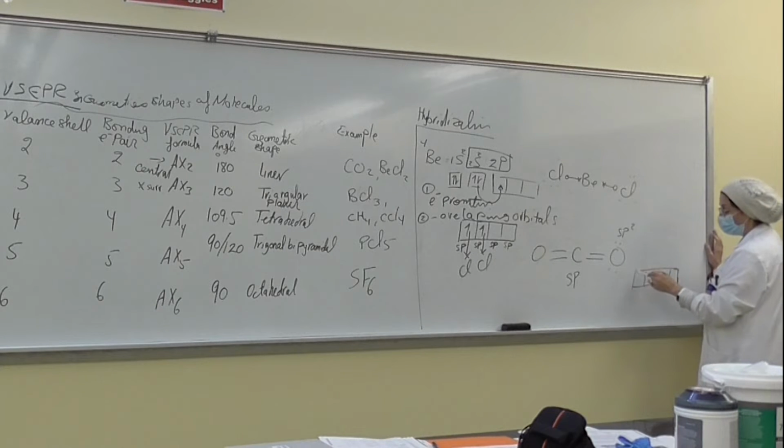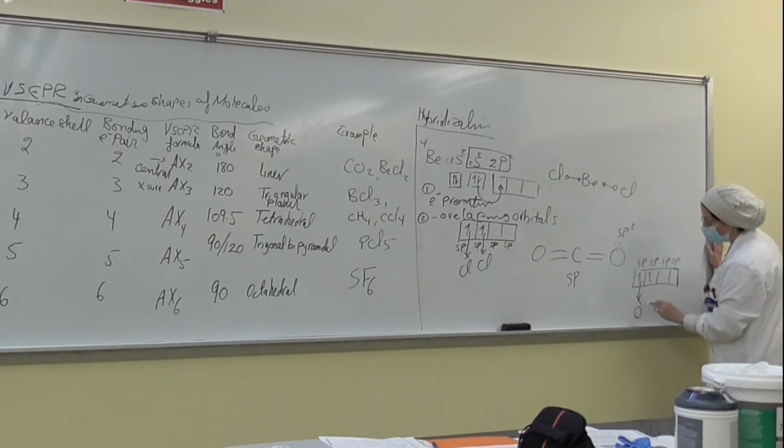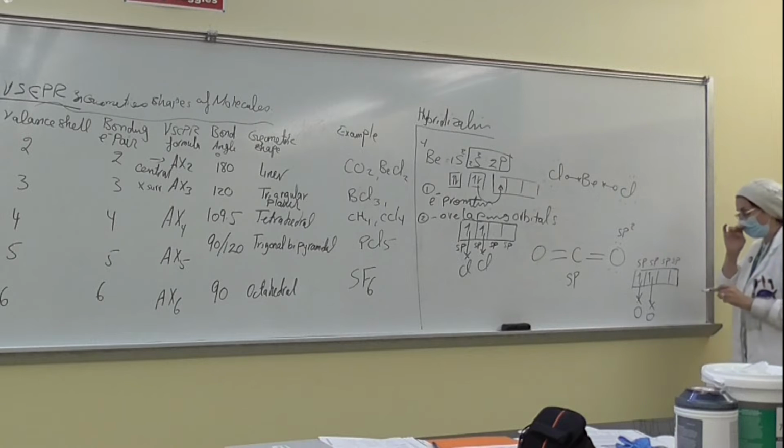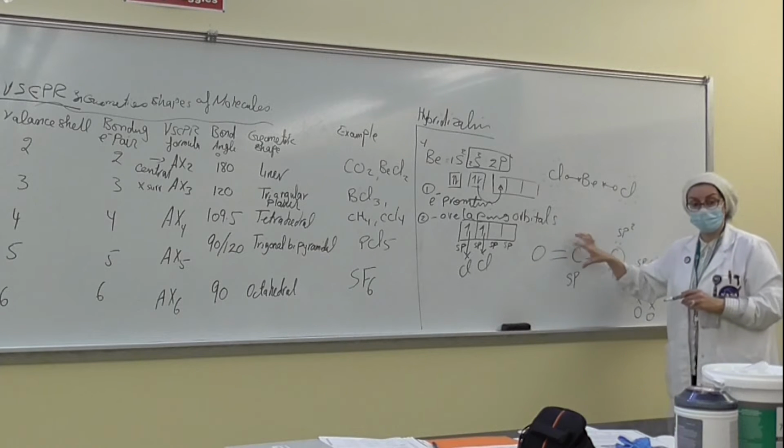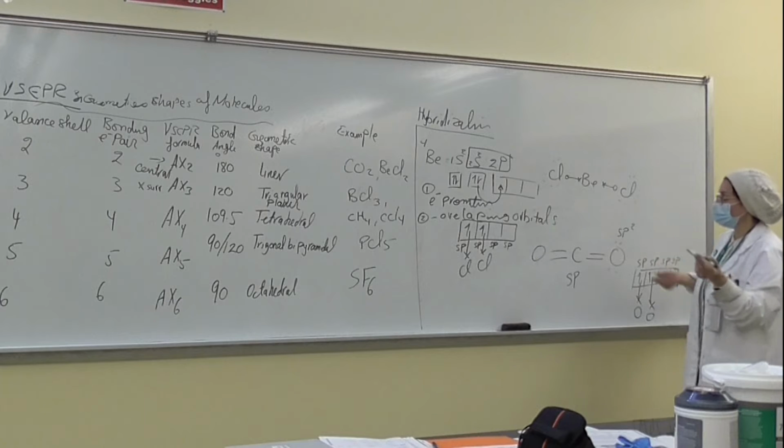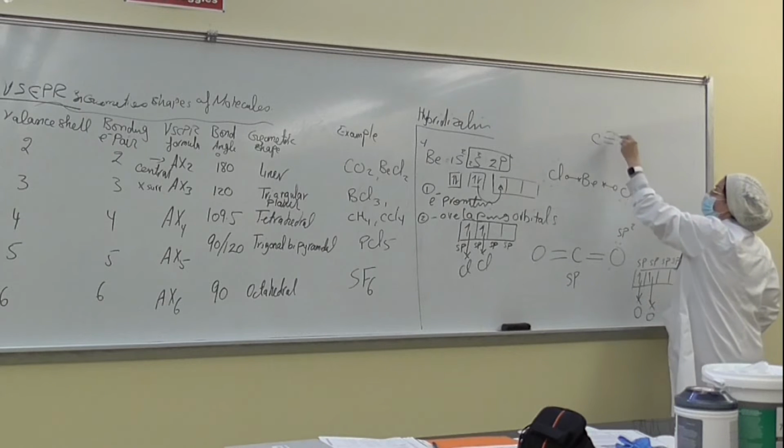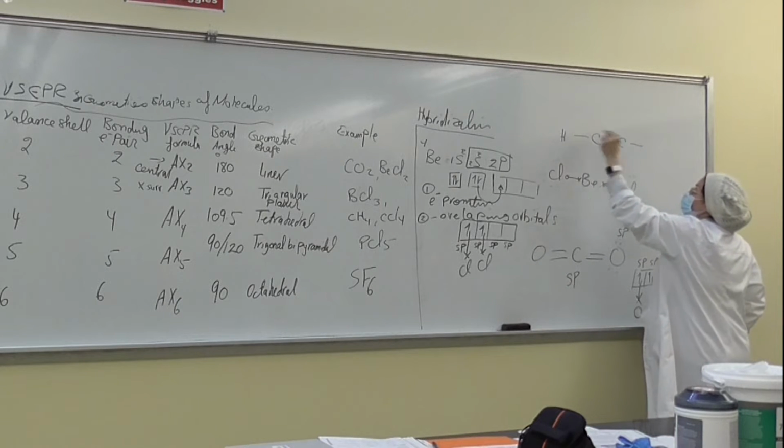And we're going to have electrons coming, one from the s and the other one from the p. So we're going to have sp, sp, sp, and sp. And then we're going to be able to accommodate those two oxygens for the central carbon. So also we're going to have C triple bond C. That's also sp hybridization.